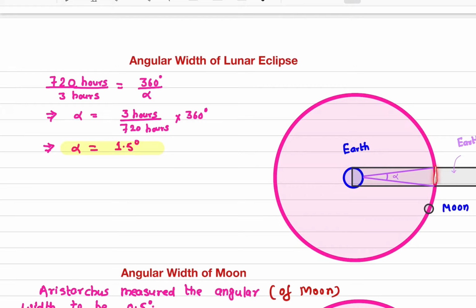If it takes 3 hours, then we assume the angle is alpha. And from this simple equation, we can calculate the angle alpha, which is 1.5 degree. So the angle made by the shadow onto the earth's surface is 1.5 degree.